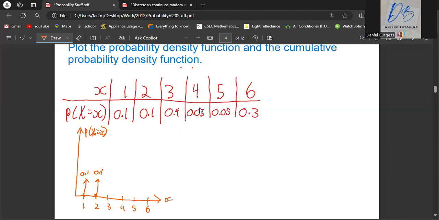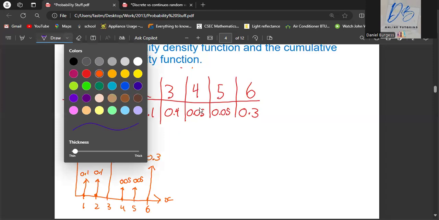All right, so 3 is 0.4. 4 is 0.05, so that's about halfway. 5 is 0.05. And then 6 is 0.3, should be somewhere here. With that said, that's your PDF for that data.